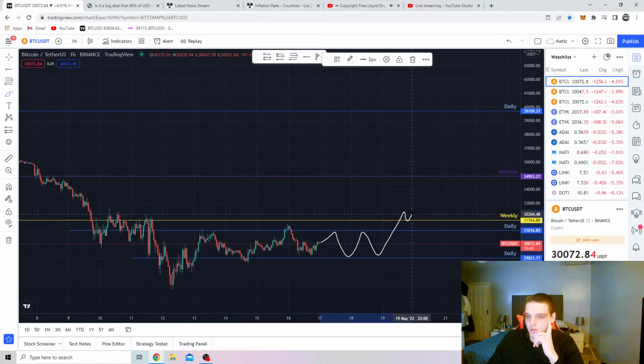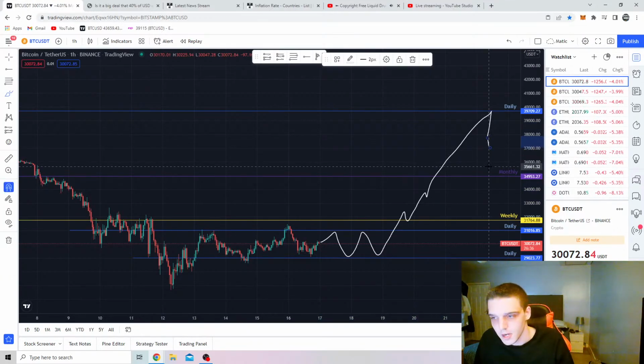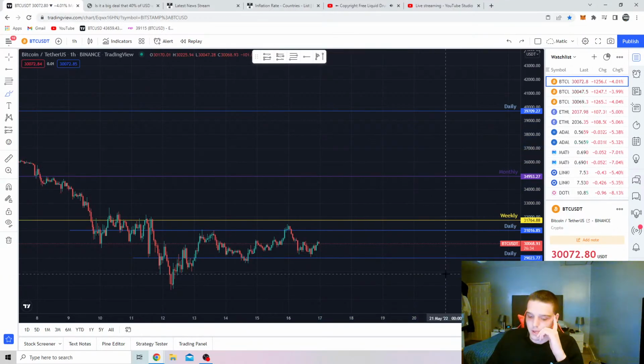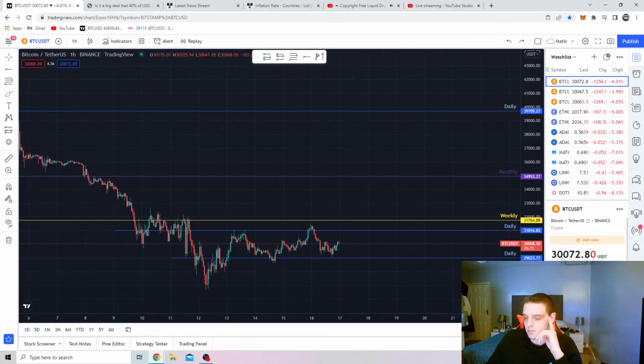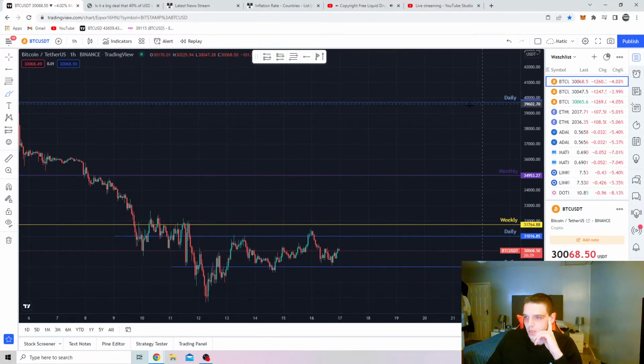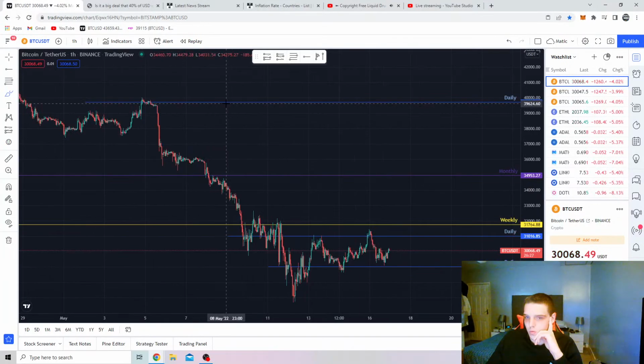Come up. See, so this is what we want to see, something like that. And then again, we want to have a backtest, but that 39k area is going to be a pain to beat. That is definitely going to be a pain to beat. And I will possibly be looking for a short at that area. I definitely will try to look for a short.